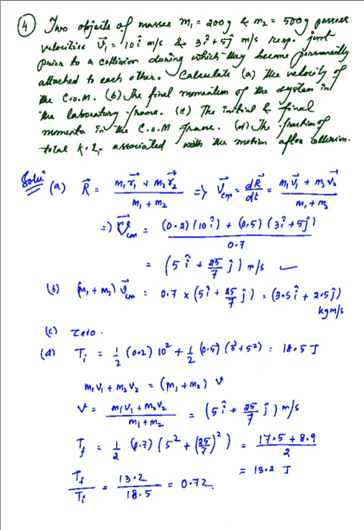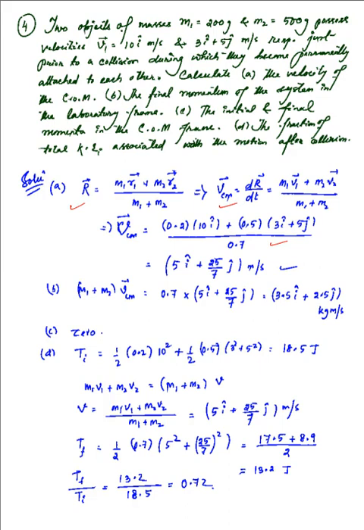As far as the velocity of the center of mass is concerned, we first obtain the position of the center of mass, and then take the time derivative of that position vector, and we get the velocity of the center of mass as shown here. Then we need to find the final momentum of the system in the laboratory frame. The laboratory frame is the usual frame we observe from.